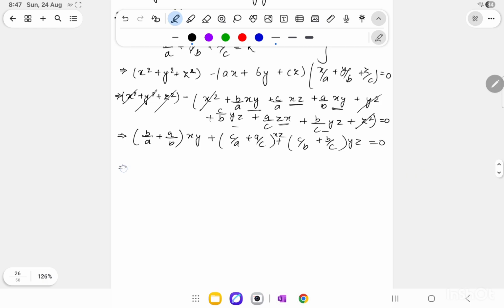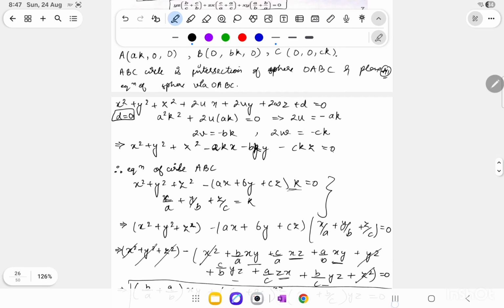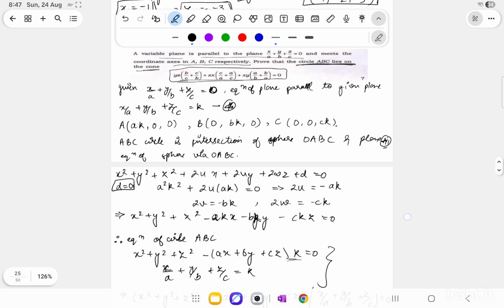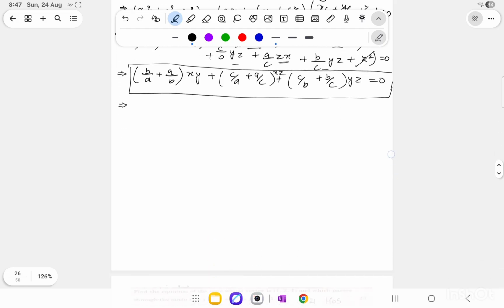So this is the required equation of the cone, which lies on the circle ABC.